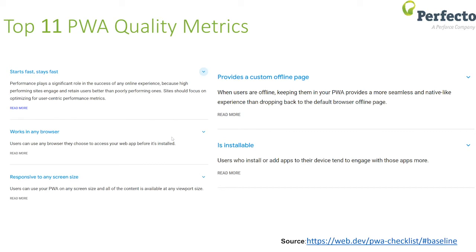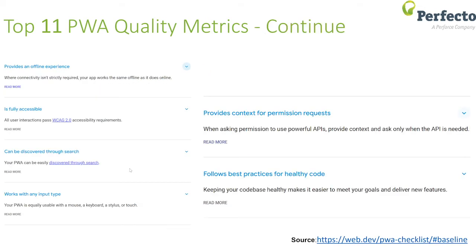But you want to look at the performance, the customizing of offline pages, the installation of the link on mobile devices, the compliance across multiple browsers, having the responsiveness to any screen size and resolution, and providing a good offline experience.